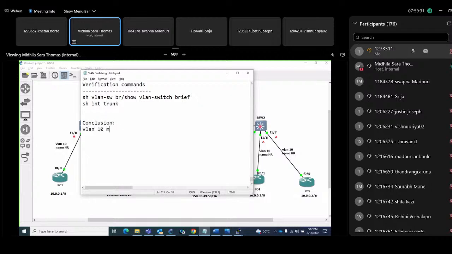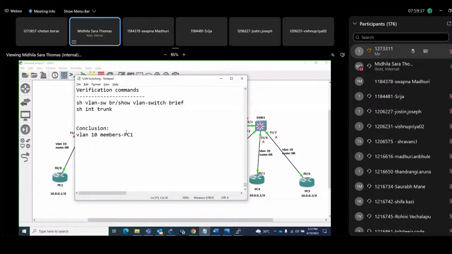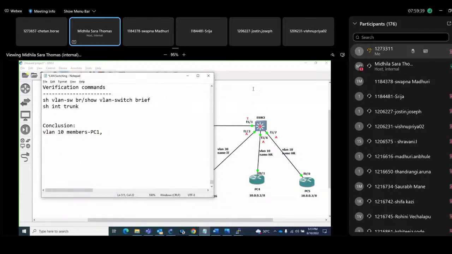VLAN 10 members. Who all are they? VLAN 10 members: PC1, then PC4 and PC5 are able to ping each other. Do you agree? Yes.